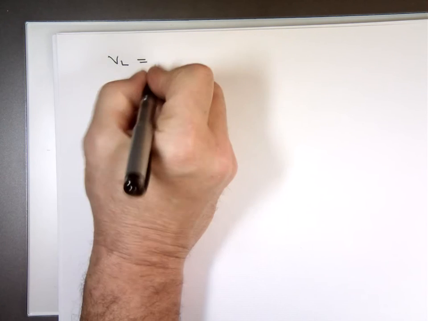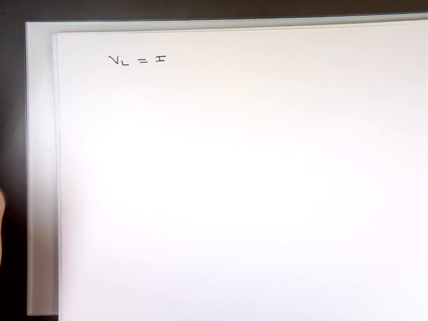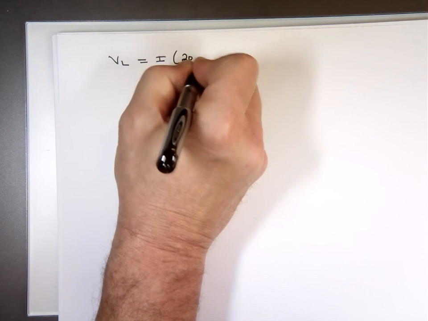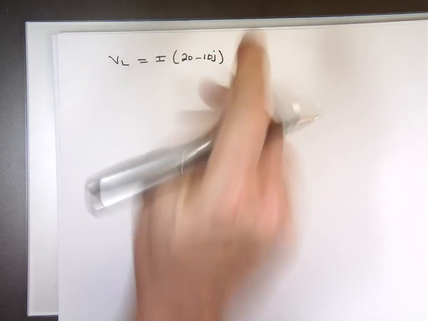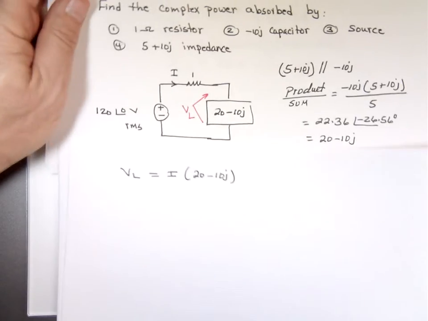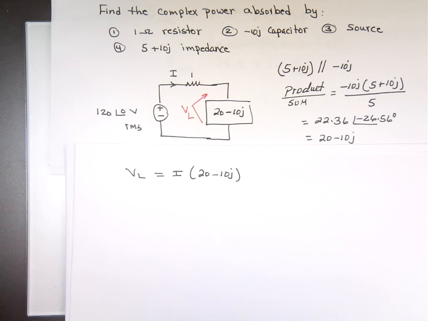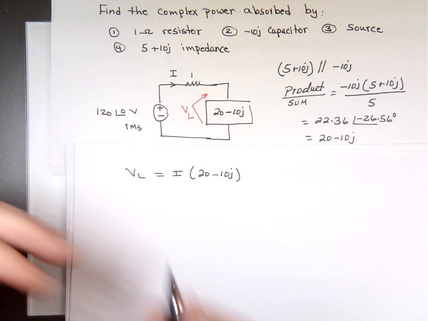I times 20 minus 10J. So to find this voltage, I'm taking the current going through it multiplied by that impedance. We know what that current is. I just did that. What was it? 4 point something.